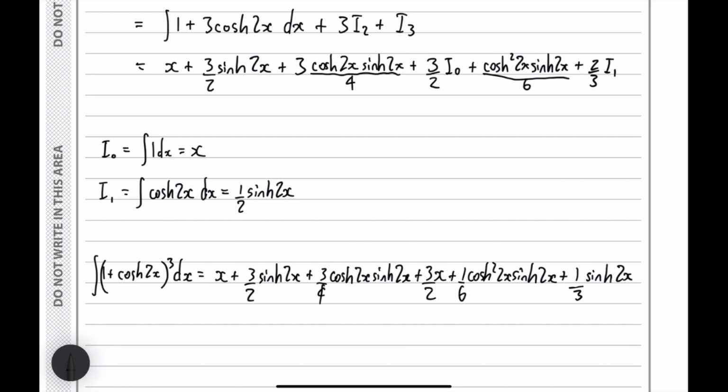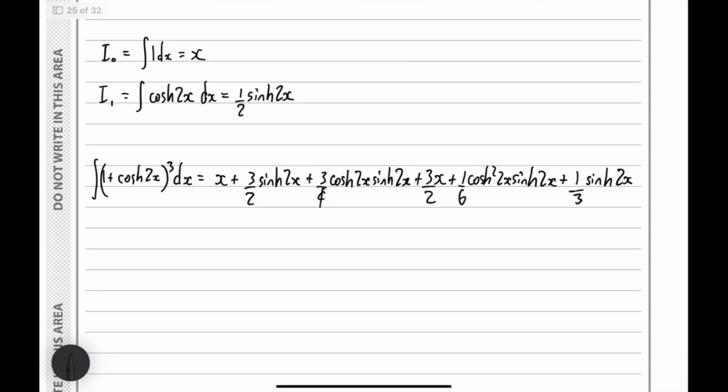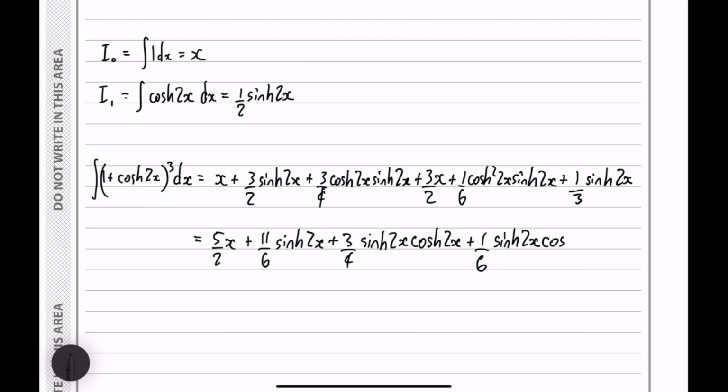Simplifying, we can put our x's together, that's 5 over 2 x, and we've got sinh 2x, a third plus 3 over 2, that is 11 over 6 sinh 2x, and then we've got 3/4 sinh 2x cosh 2x, but now I'm going to want to write this the other way as well, sinh 2x cosh squared 2x, and that should be our finished answer.